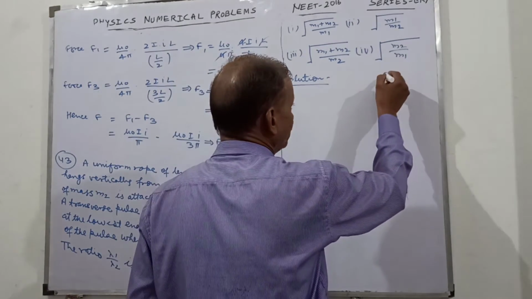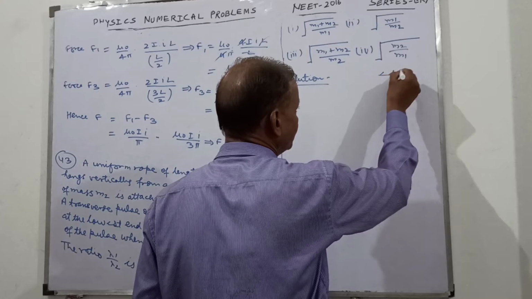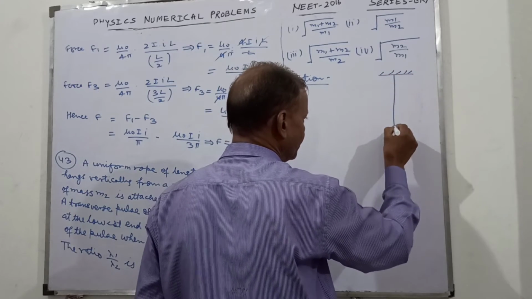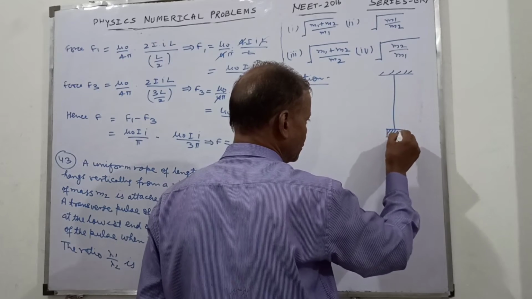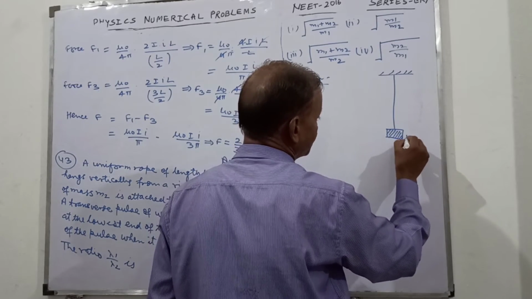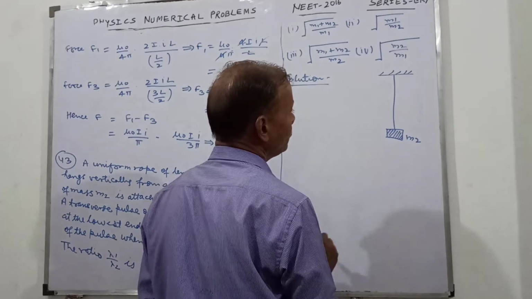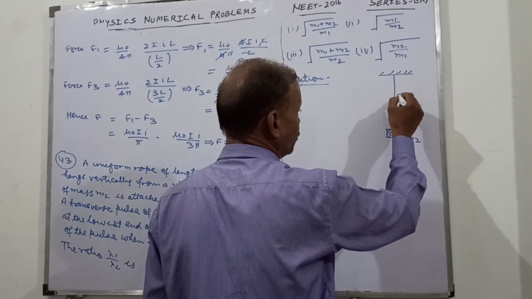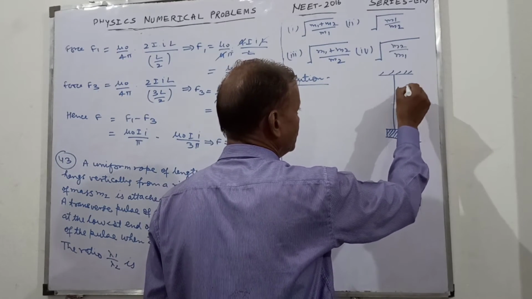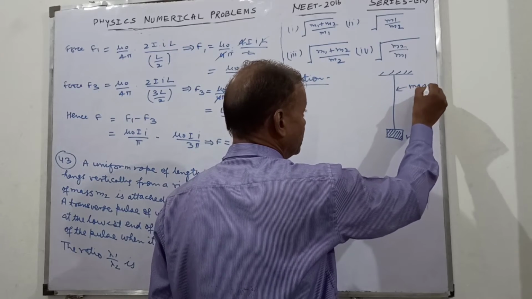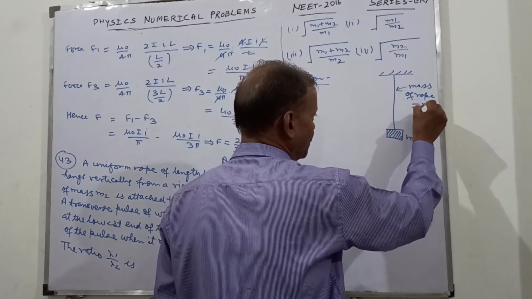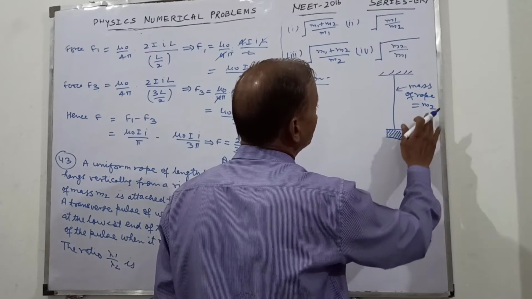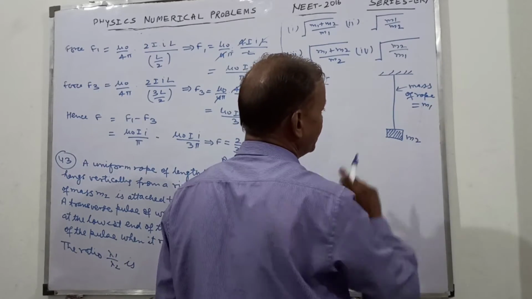Here we are given a rope. This is the block. Its mass is m2, and the mass of the rope is m1.